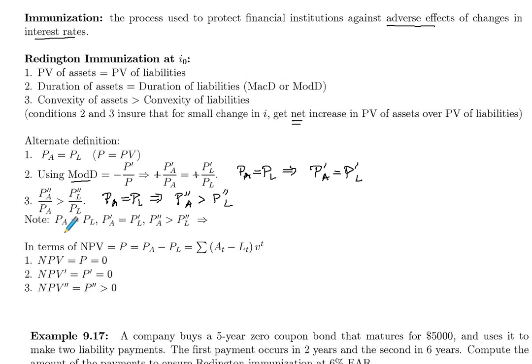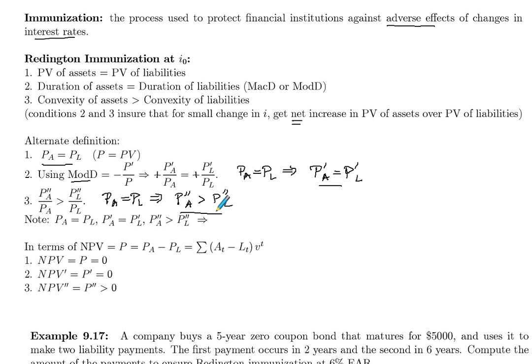So these three conditions then: the present values of the asset and liability cash flows have to be equal, their first derivatives have to be equal, and the second derivative of the asset cash flows has to be greater than the second derivative of the liability cash flows.